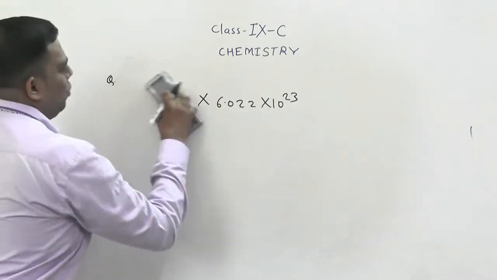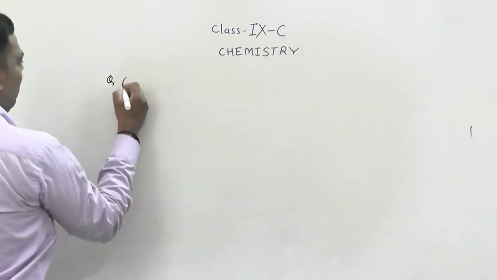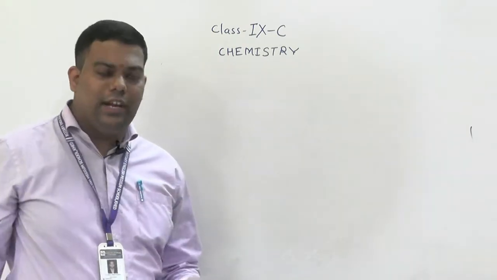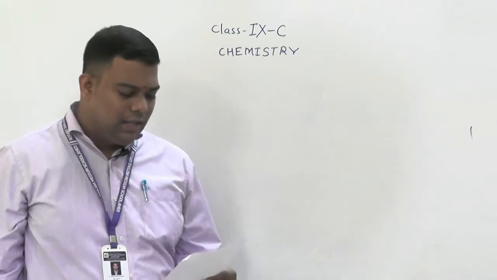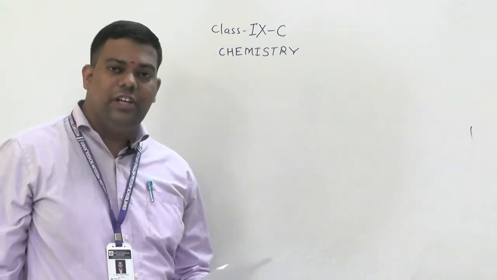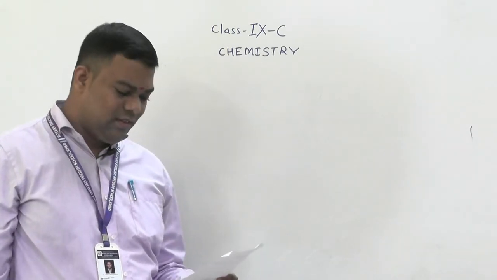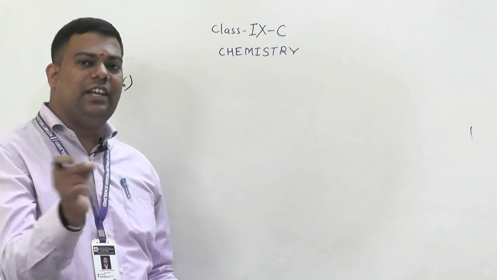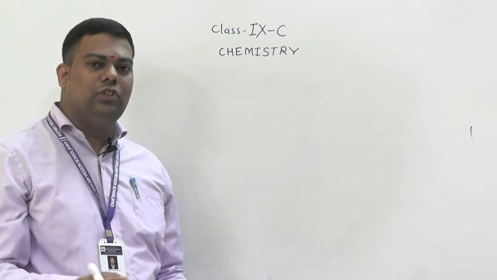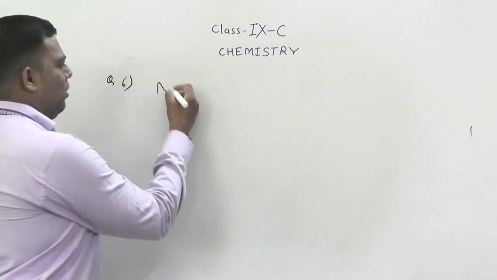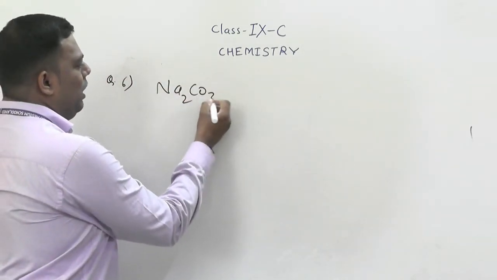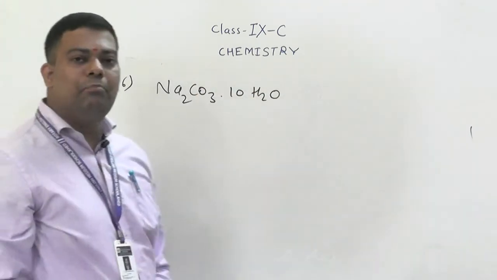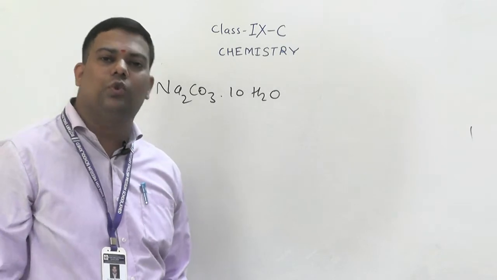Now we will discuss question number 6. In question number 6: calculate the number of grams of oxygen in 0.1 mole of Na2CO3·10H2O. It is the complete formula of washing soda.